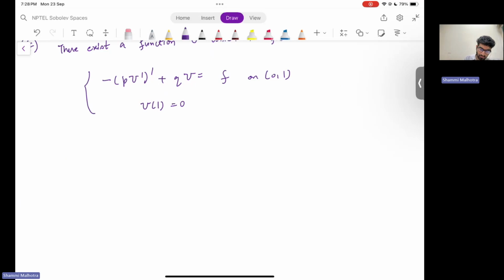So next we also have the integral of f with v naught from 0 to 1 to be 0.